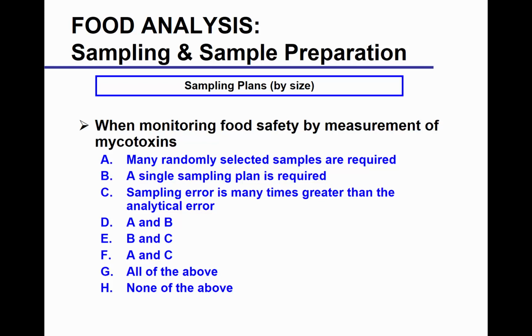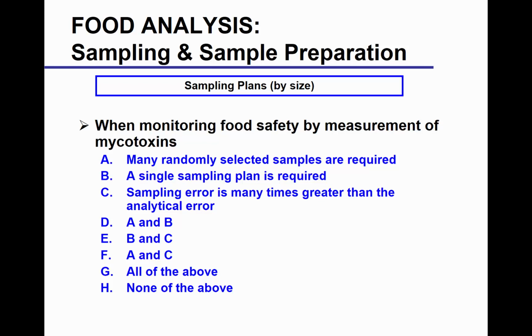So mycotoxin, do you think it would be uniformly distributed in your sample or not? No. It could be randomly present where the fungal growth happened. The fungus might have produced mycotoxin in a particular region. So when you test, you want to make sure that you covered every region and you took a lot of different samples, because for some of the mycotoxins you have zero tolerance.